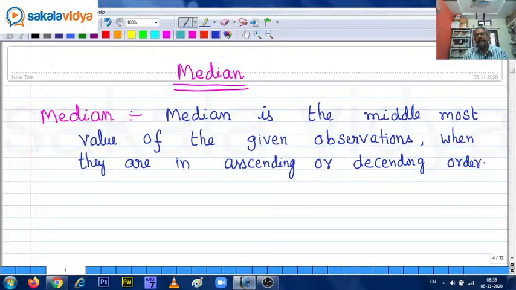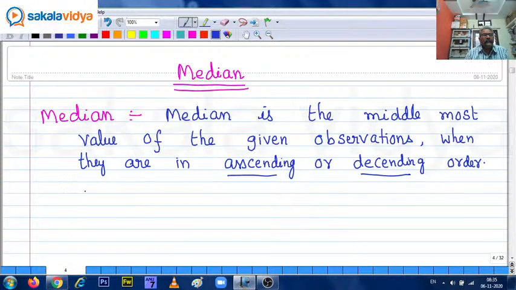That means median follows the order. That's very important. So when do you find median? Median can only be calculated if they are in ascending order or descending order for the raw data. Now here two cases.